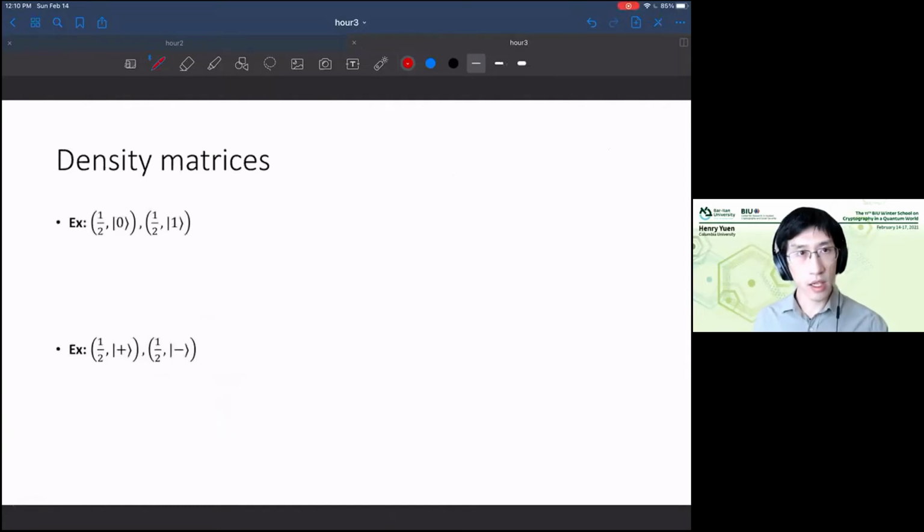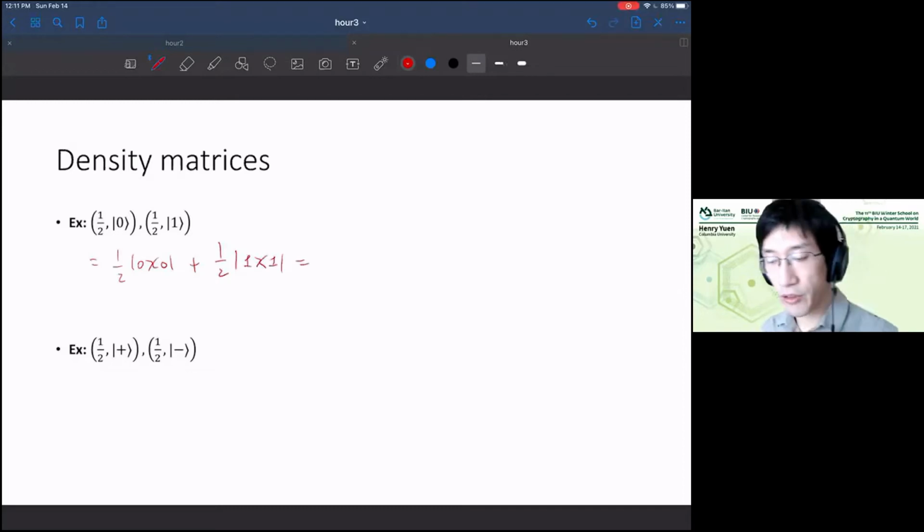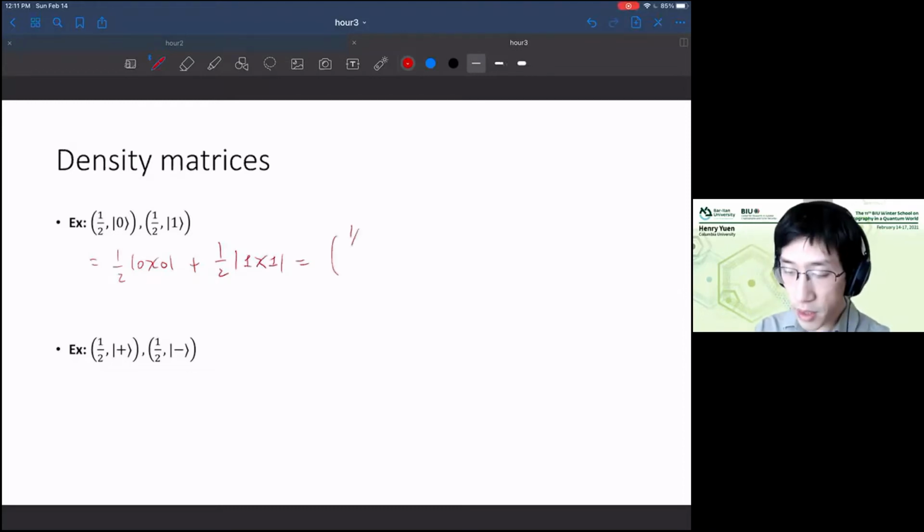Let me talk about two examples that might seem a little different, but we'll see that they're actually the same. In this first example, it's just a coin flip, 1/2 probability the 0 state, 1/2 probability the 1 state. As a density matrix, this is the following sum. If I write it out in matrix form, this is 1/2, 0, 0, 1/2.